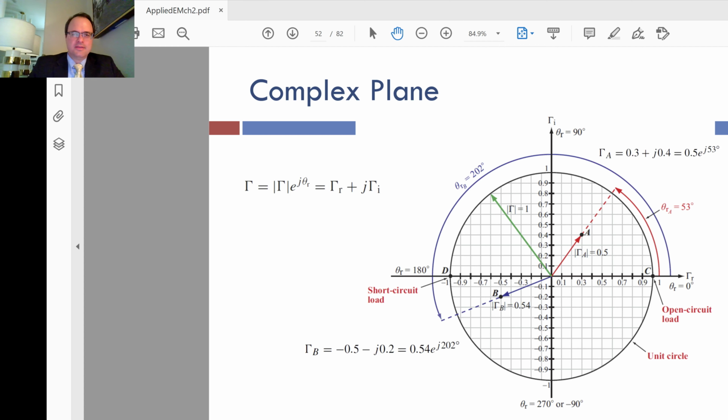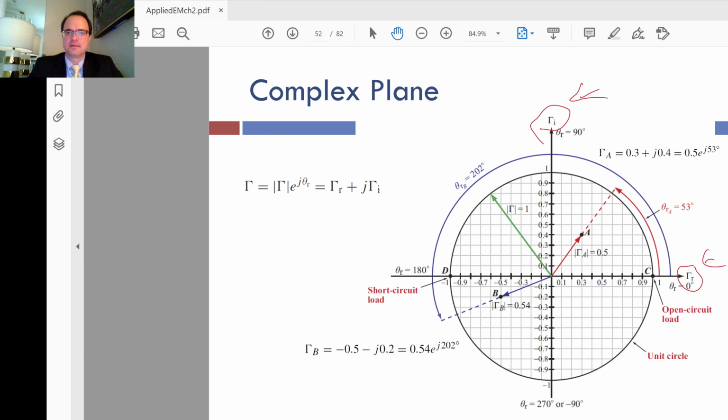So really, what it is, is mapping the reflection coefficient and other values onto the complex plane. This complex plane is defined with the real part of the reflection coefficient along the real axis and the imaginary part of the reflection coefficient along the imaginary axis, so the x and y axes.